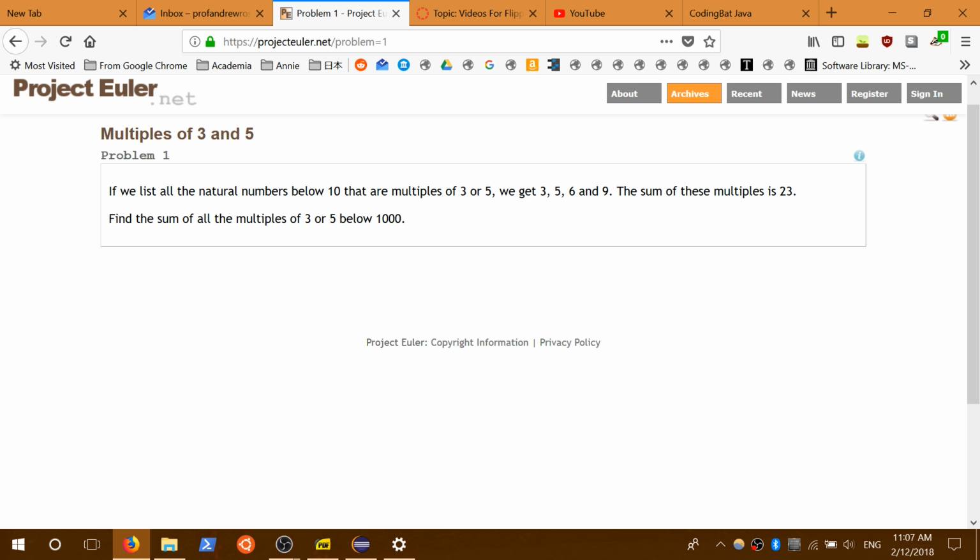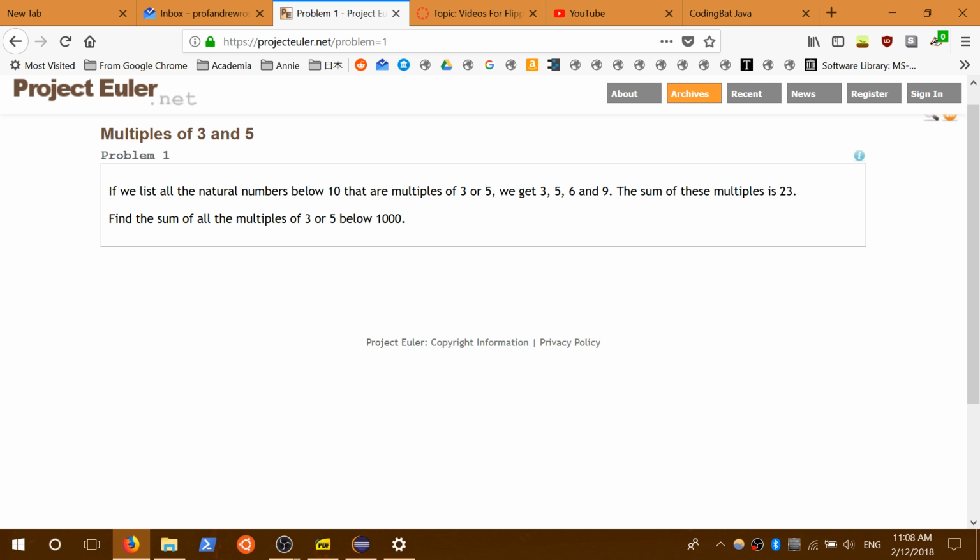It's going to bring together if statements, because you need to be able to check if a number is a multiple of 3 or a multiple of 5. You've got to do modular division to check that. You need to check every positive number below 1,000. There's an infinite number of numbers less than 1,000 if we include the negatives.